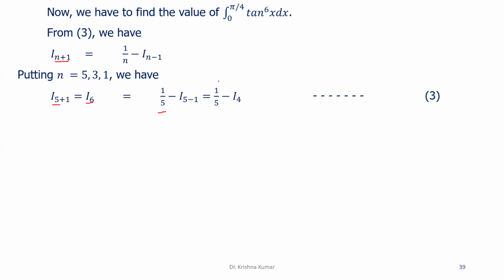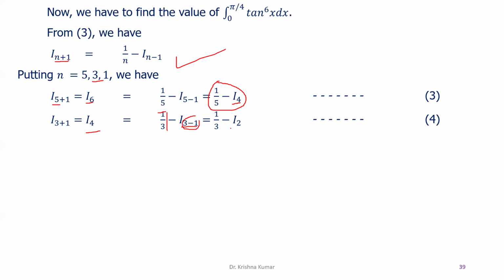So the value of I6 is 1 upon 5 minus I4. But again, I4 is unknown. So let us try to put n equal to 3 in this same equation. So we have I(3+1), which is I4, equal to 1 upon 3 minus I(3-1), and I(3-1) is nothing but I2.